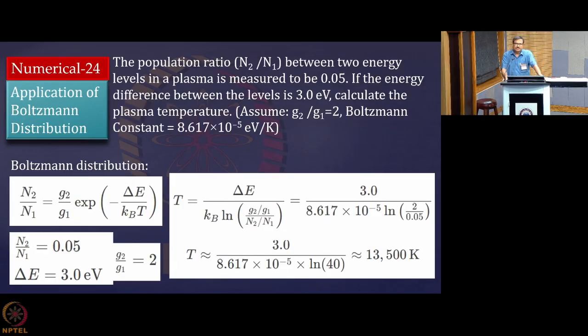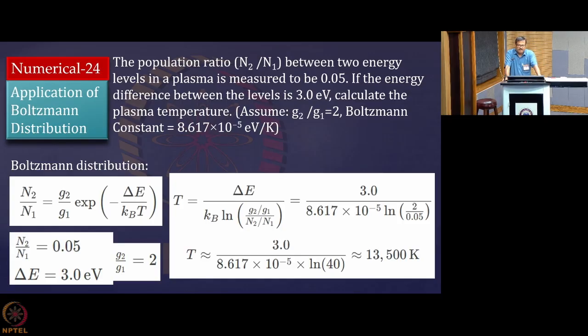Now we come directly to the numericals so that we can make our understanding more concrete. First, we go for the application of the Boltzmann distribution. Here we are taking a problem where the population ratio N2/N1 between two energy levels in a plasma is measured to be 0.05.